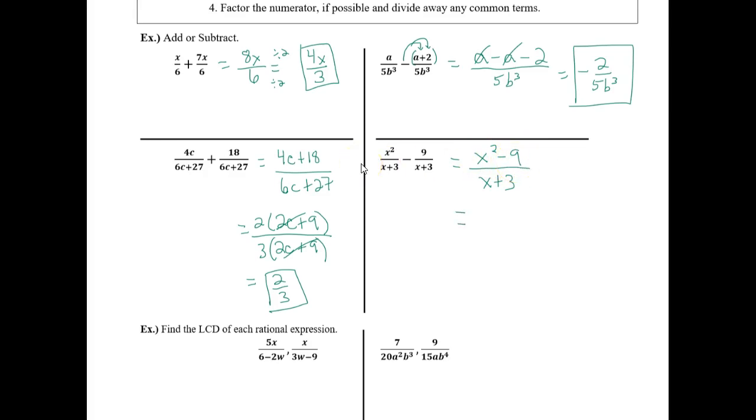So it factors into conjugates. x times x would give us the x squared. 3 times 3 would give us the 9, and we need one positive and one negative to complete our conjugates. And once the numerator is totally factored, I see a common factor here of x plus 3. We divide that out. So now we have x minus 3 over 1, or just x minus 3. And that's as far as we can go.